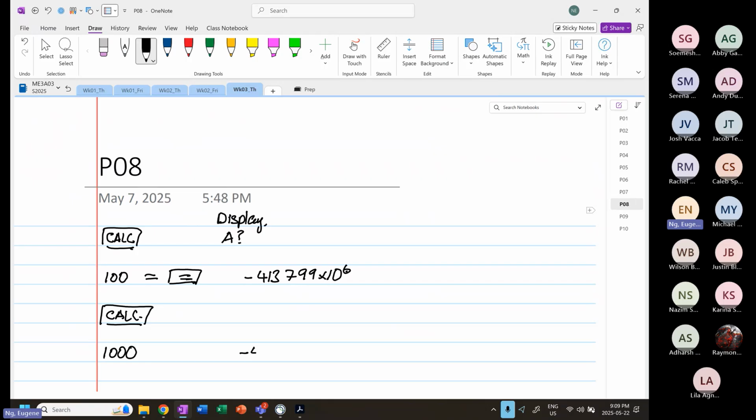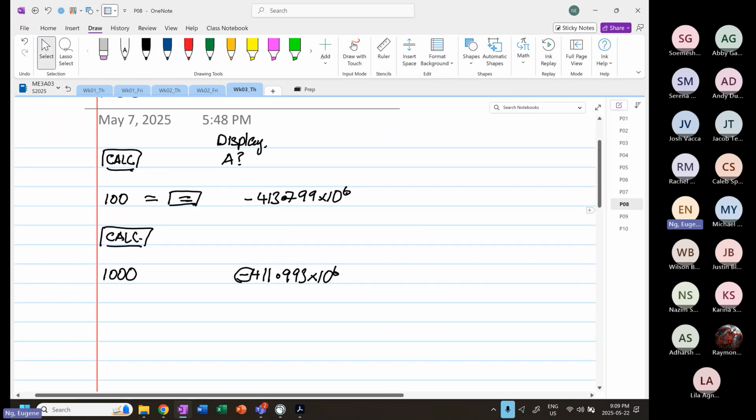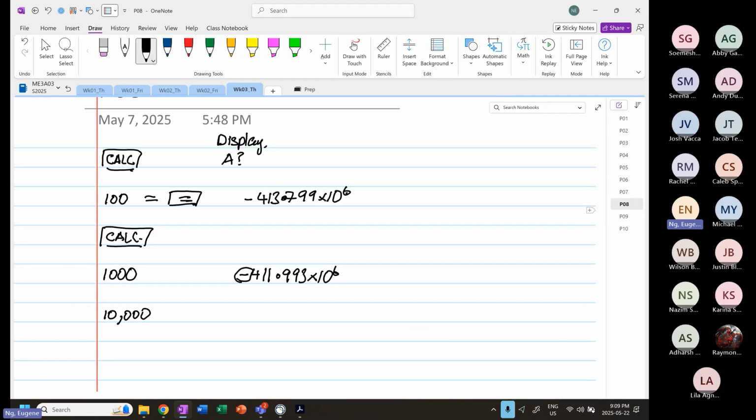It gave me minus 411.993 times 10 to the power 6. So what we are trying to do is we are trying to get this to become positive. Okay. So the next one I'm going to calculate, I'm going to use 10,000.